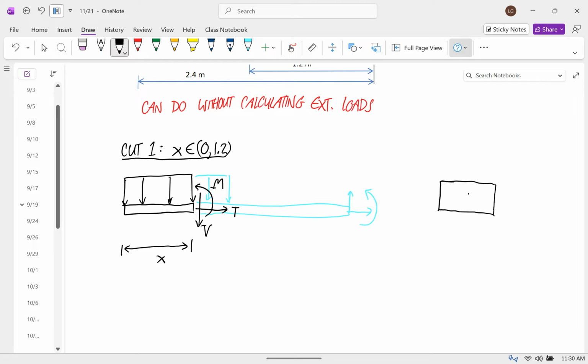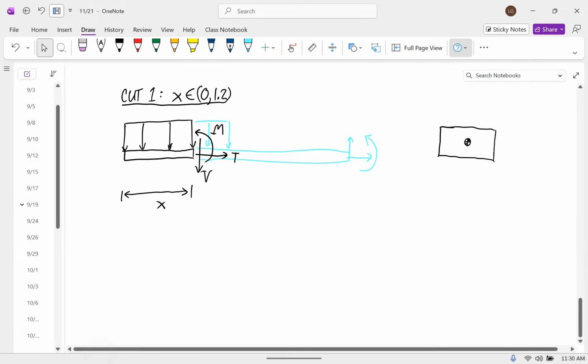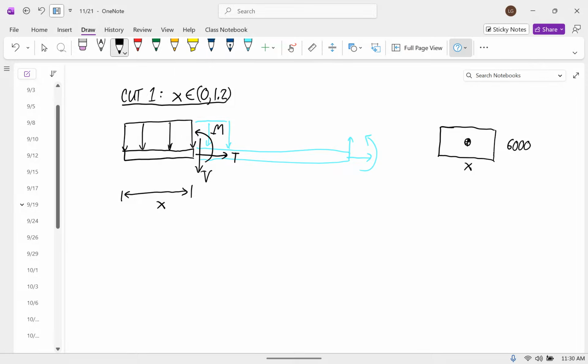We know that the centroid is in the middle. And we know the height is 6,000 and the width is x. So the total area is 6,000x.